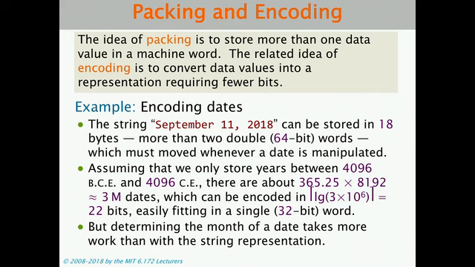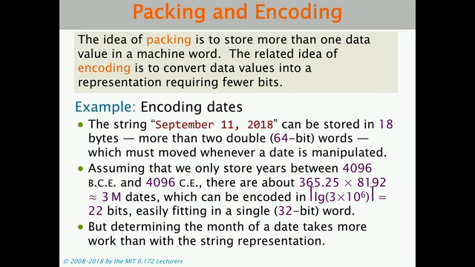And you can use log base 2 of 3 million bits to represent all of the dates within this range. So the notation LG here means log base 2. That's going to be the notation I'll be using in this class. And LOG will mean log base 10. So we take the ceiling of log base 2 of 3 million, and that gives us 22 bits.